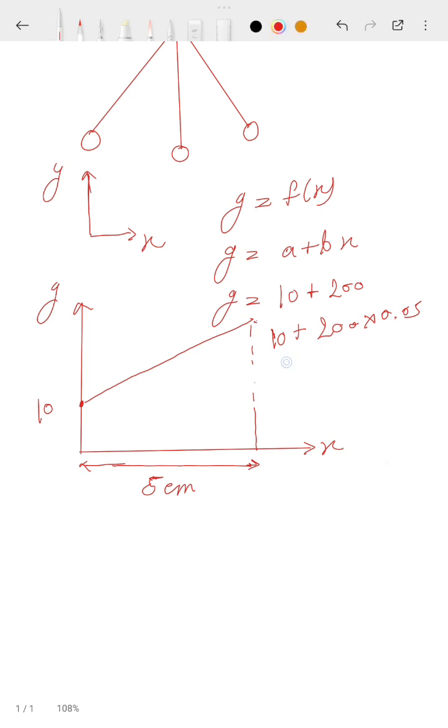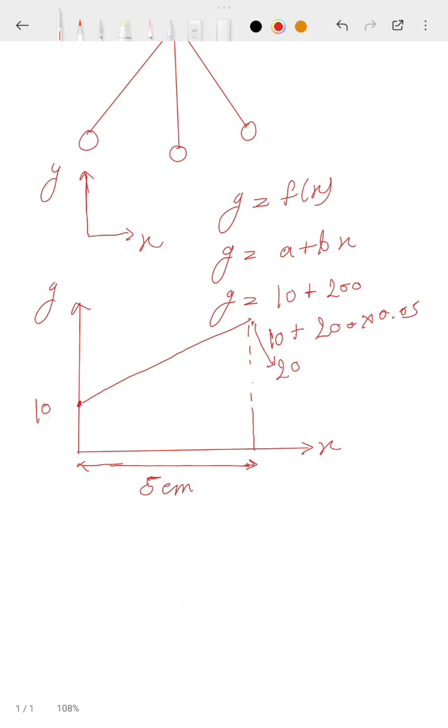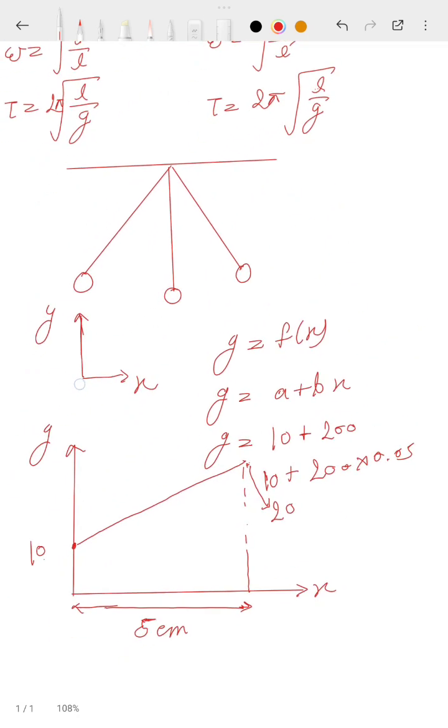So it will become 10, sorry, 20. So at this point, the gravity became 20 and here it is 10. So it is varying linearly.